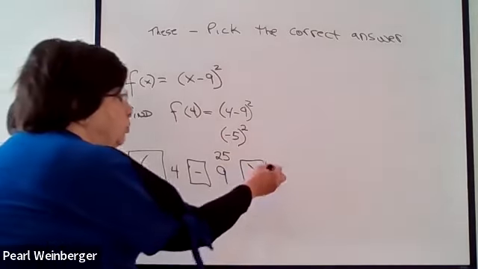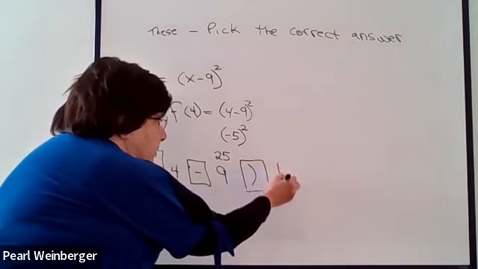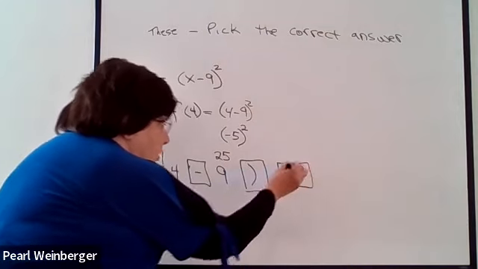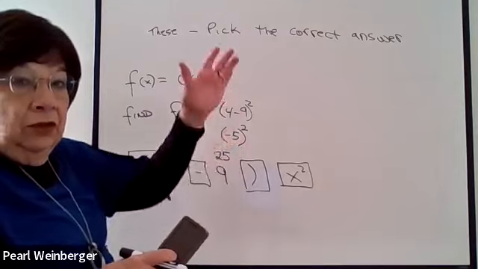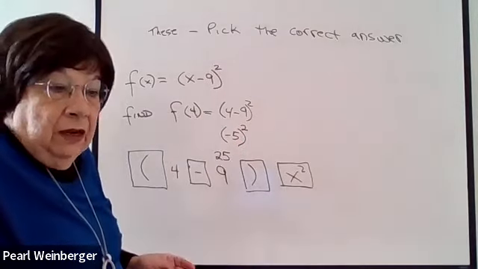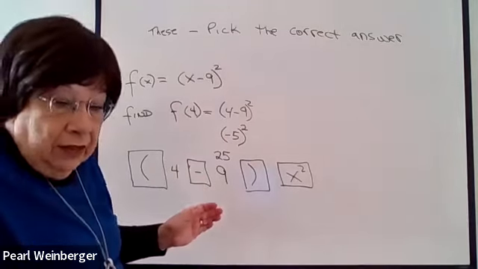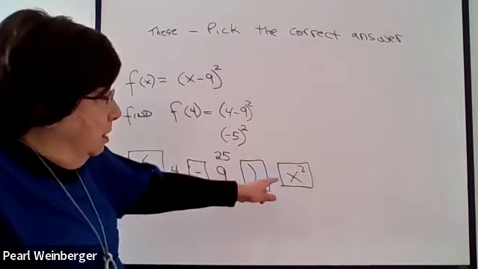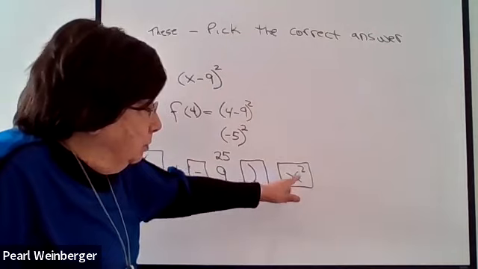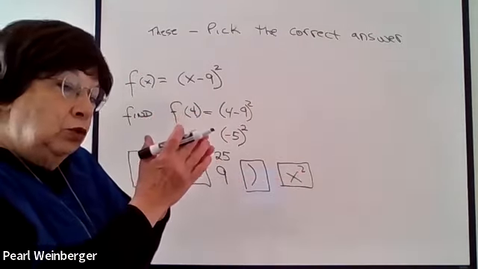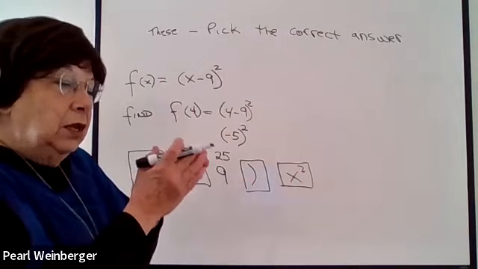And then there should be a button that says x squared, usually located in the furthest left-hand column. Not all calculators have it in the same place. But when you see this x squared button, what it's going to do is take whatever you put in on your screen and square it.